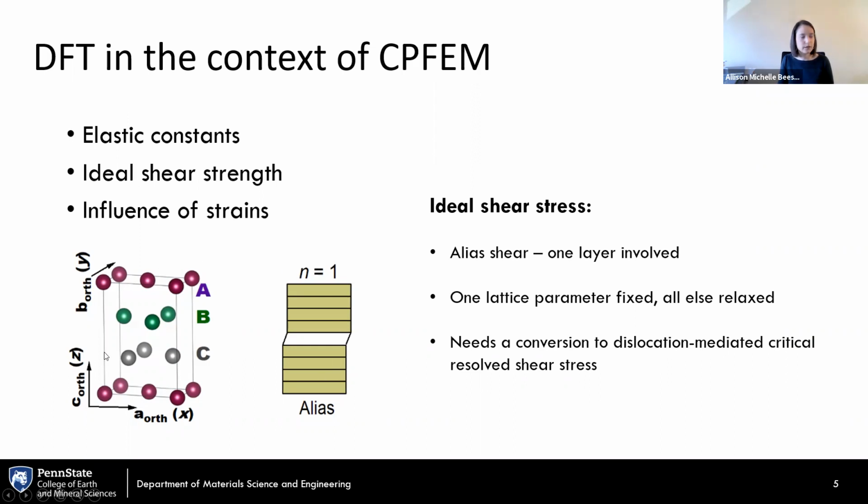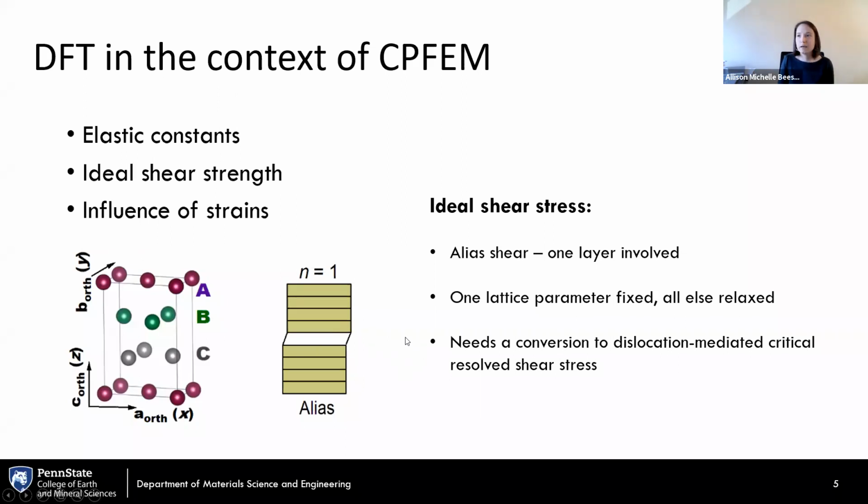And so this is pictured here, and if you have detailed questions on this, then Shunli's here to answer those. But basically, how he did this is apply an alias shear where you have your system and you apply a shear on just the one layer, and then allow this to relax, and then measure and compute the ideal shear strength.